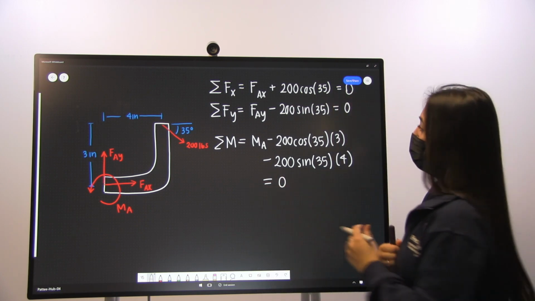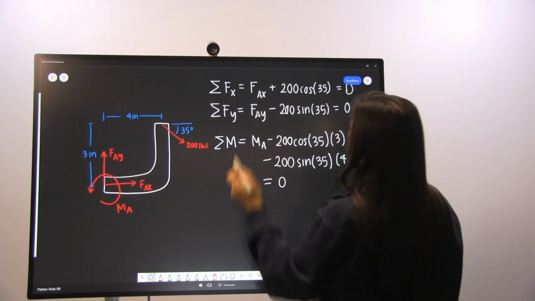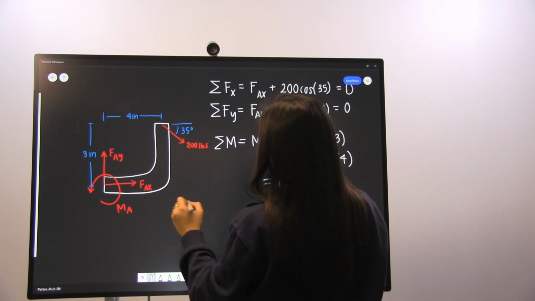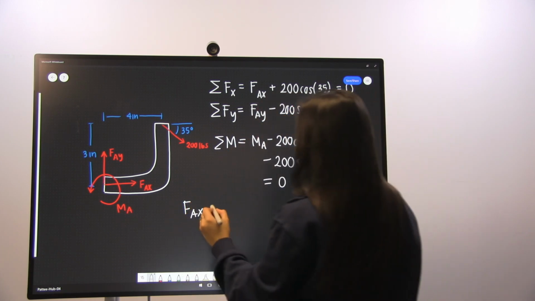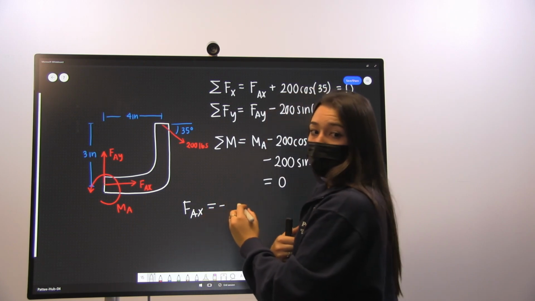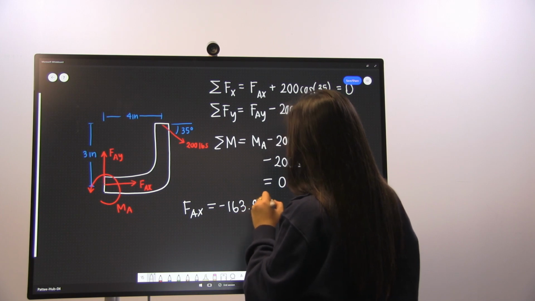So now that we have all of our equilibrium equations set up, we can go ahead and start solving for our unknown values. So for FAX, rearranging this equation here, we have that equals negative 163.8 pounds.